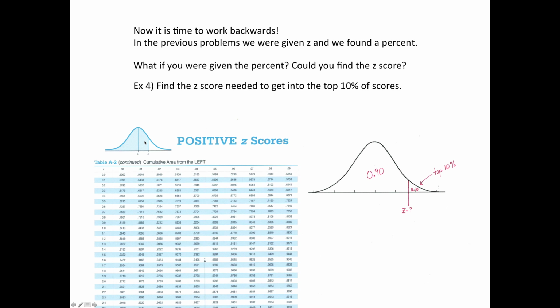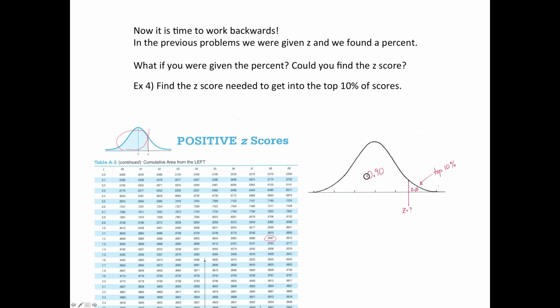Then take a look at this table. With the positive z-score, this is the 90%, and that's what these numbers in here are. So what you do is just search through this table until you find the one that's closest to 90%. It doesn't have to be over, it doesn't have to be under, just whatever's closest. And it's this one that's closest.